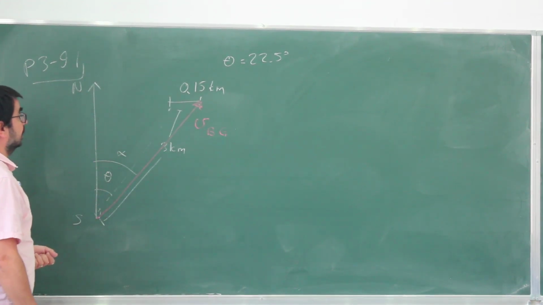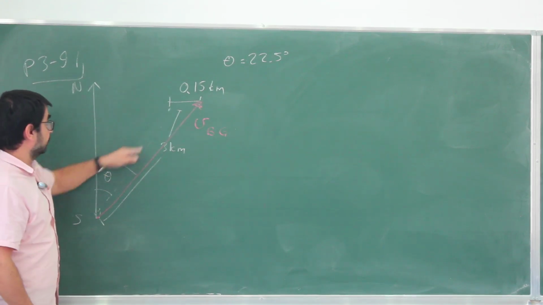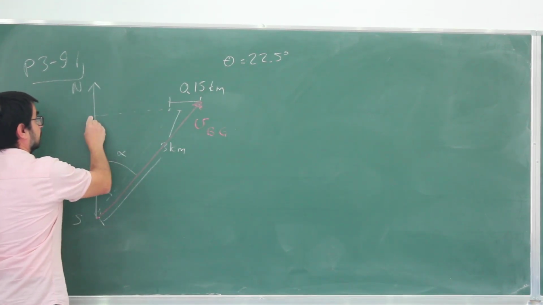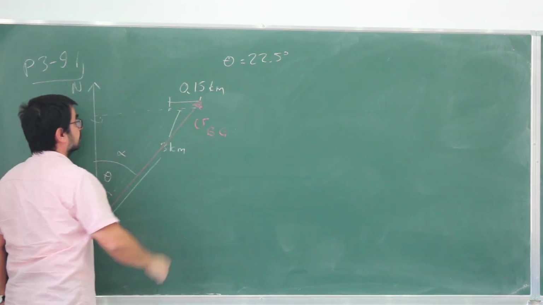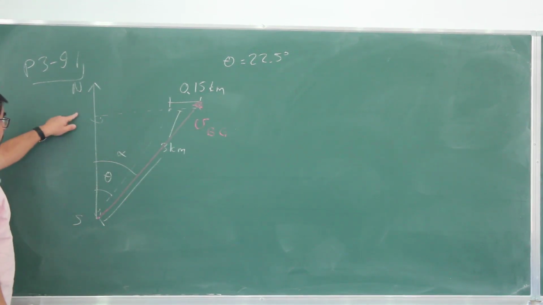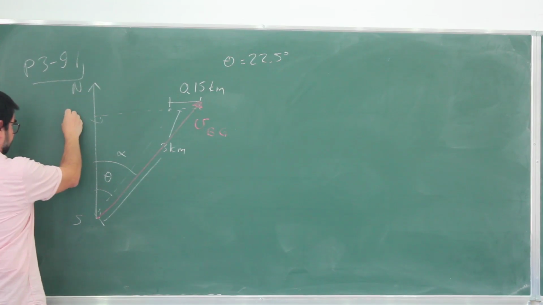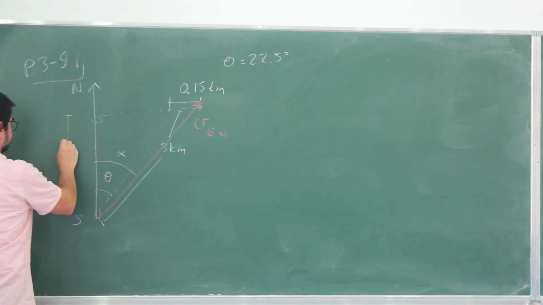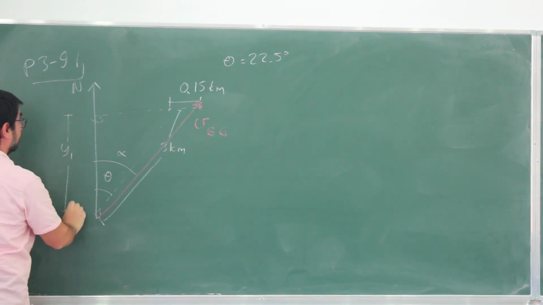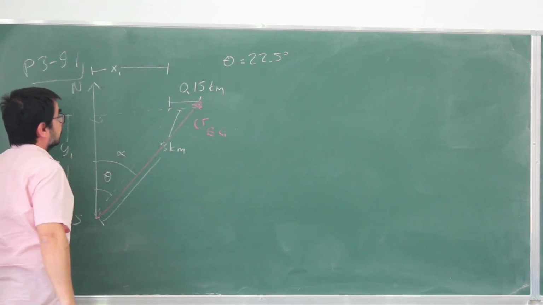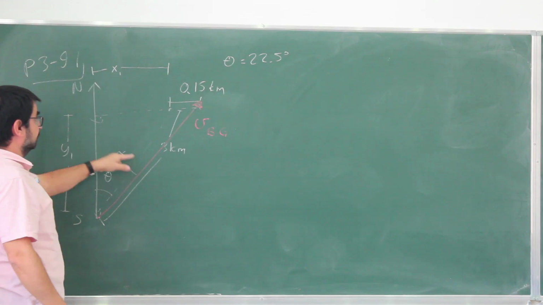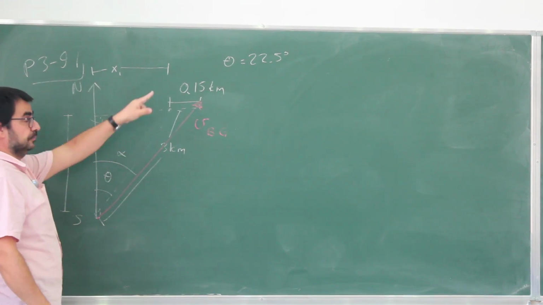Now, what can I say about this angle? I know this is 3 kilometers, and this is going to be actually two right triangles. So I want to reach this point. Okay? So I can call this maybe y1, why not? And call this one x1, and I can immediately write these distances because I know the hypotenuse, I know the angle that's given.